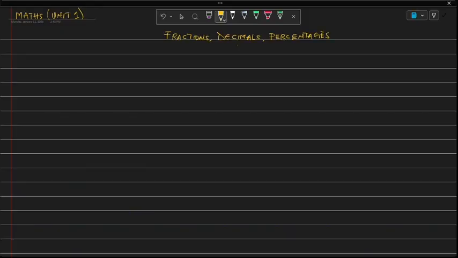Because this topic is one you've done before, one everyone has done frequently, we're going to be solving more questions because we are trying to deepen your knowledge of it. So we're going to be solving a whole lot of JAMB-styled questions on fractions, decimals, and percentages.